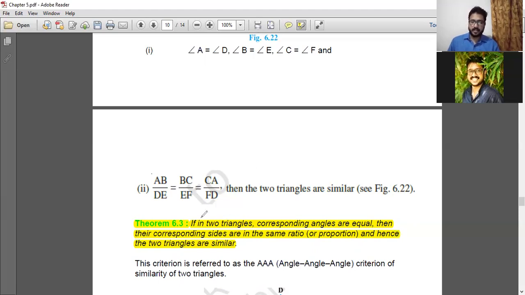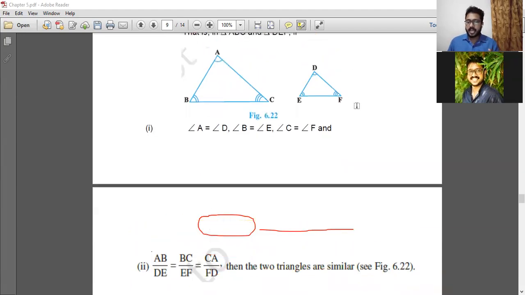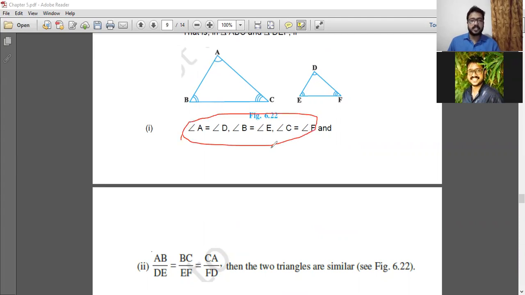You are given two triangles, and suppose in those two triangles the corresponding angles are equal. Do you know what we mean by corresponding angles? We have seen here, angle A is equal to angle D, angle B is equal to angle E, and angle C is equal to angle F. These are the corresponding angles of these two triangles.